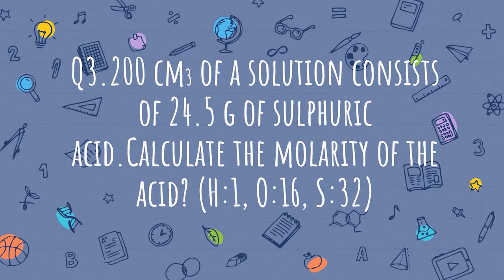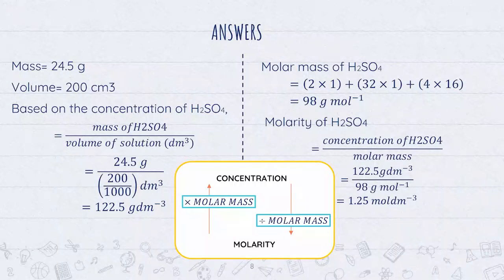For the next question, question 3, it is stated that 200 cm cubed of a solution consists of 24.5 gram of sulfuric acid. Calculate the molarity of the acid. To answer this kind of question, make sure to list all the important information given in the question to avoid any mistakes and for a better understanding.